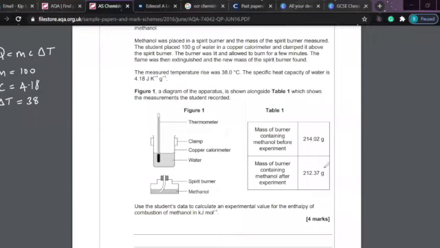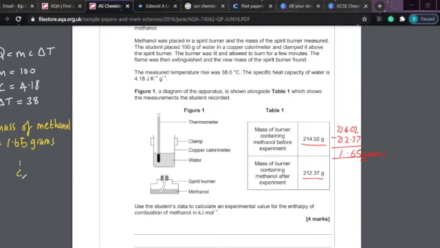Now the other thing I need to know is the hydrocarbon that I'm burning. They give me the before and after weight, so I'm just going to do a takeaway to work out how much hydrocarbon I used in grams, and that comes up to 1.65 grams. So the mass of the hydrocarbon, which is methanol, is 1.65.